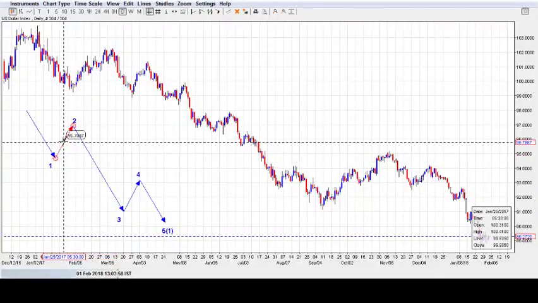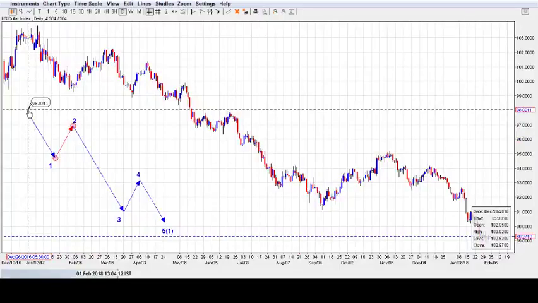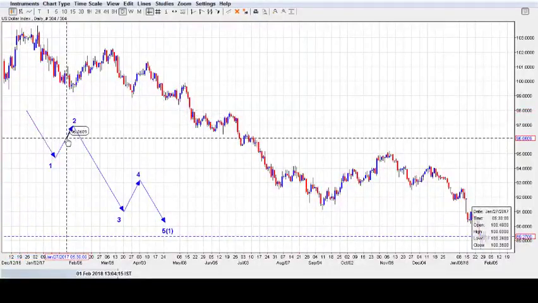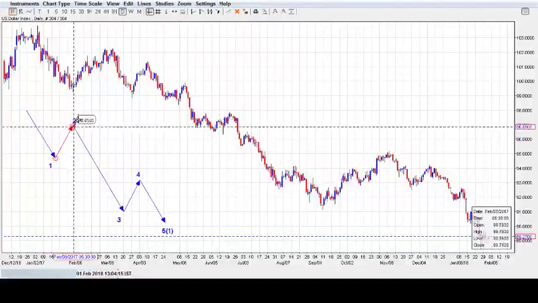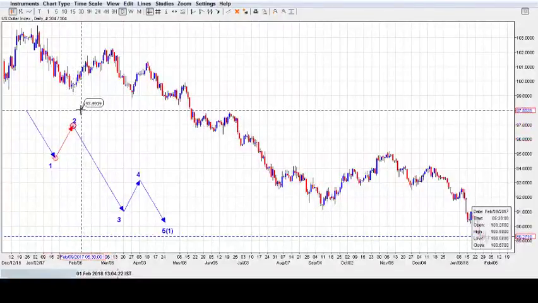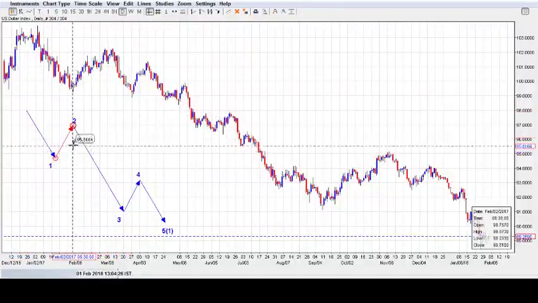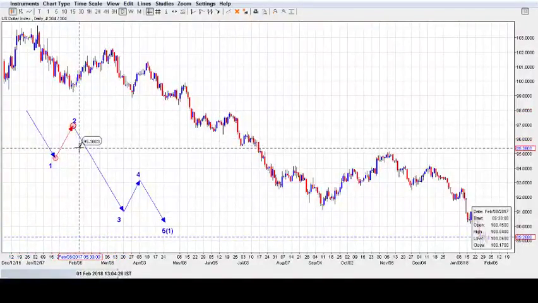Point number 2: wave 2 would never extend above the head of wave 1. Let's repeat, wave 2 never extends above the head of wave 1.